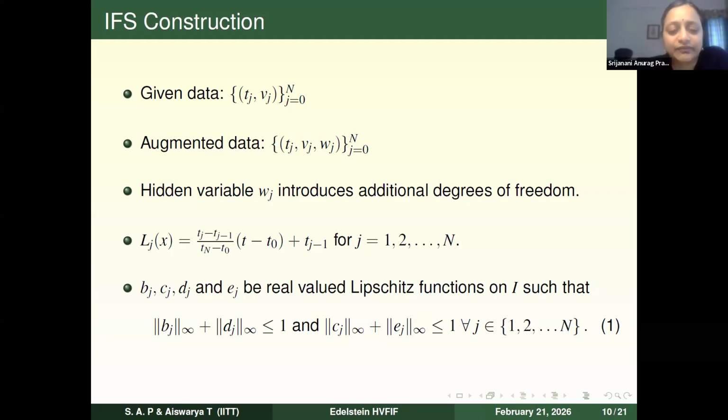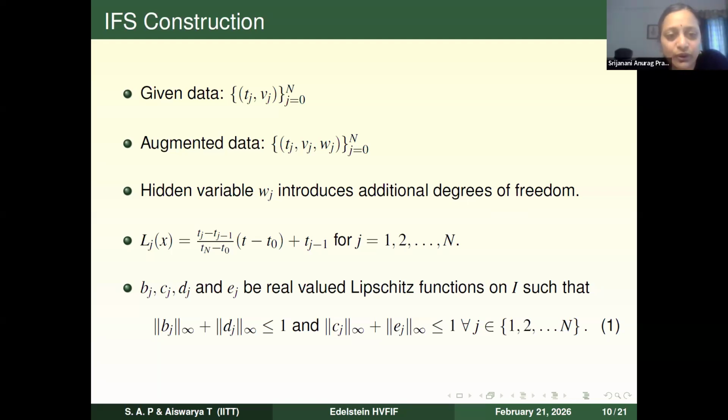Now the L_j's are contractive homeomorphisms from the larger interval. If I denote the larger interval [t_0, t_n] by I, then the subintervals [t_{j-1}, t_j] are denoted by I_j. Then the L_j's are contractive homeomorphisms from the larger interval to each subinterval such that the endpoints of the bigger interval I are mapped onto the endpoints of I_j.